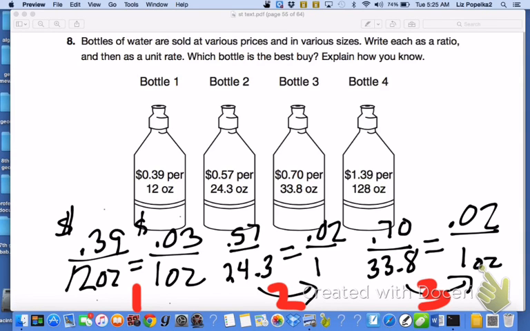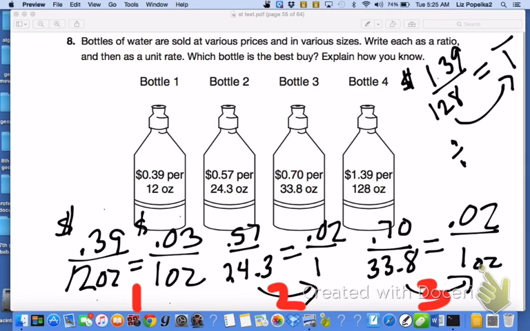So that's bottle 3. So that I've got them all on the same page since I'm running out of room here, I'm going to put bottle 4 up here at the top. So it's $1.39 for 128 ounces. If I scale it down to 1, I have to divide by 128. So if I do 1.39 divided by 128, if I round it, it's about 1 cent per ounce.